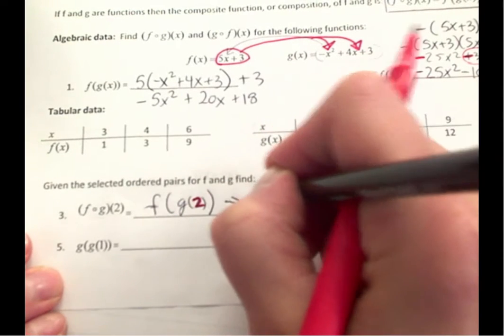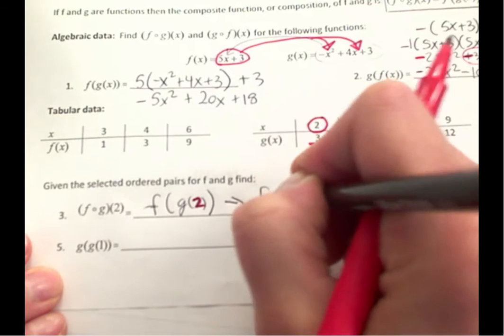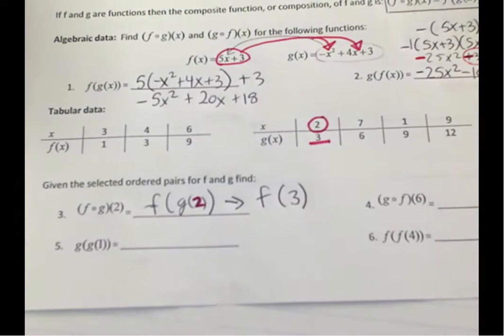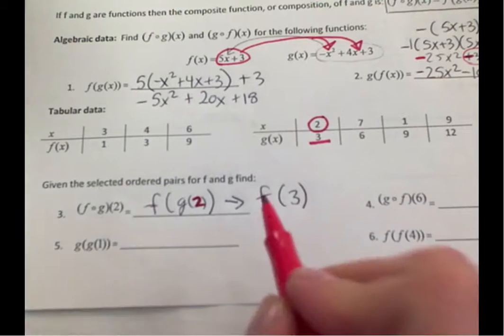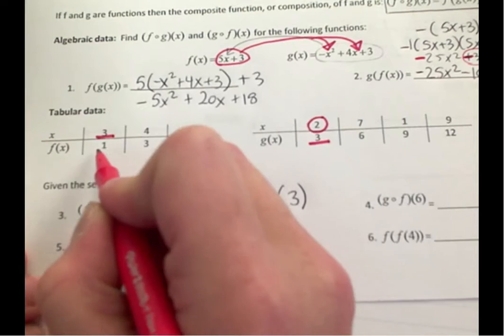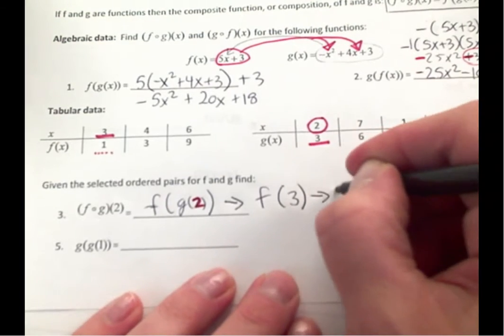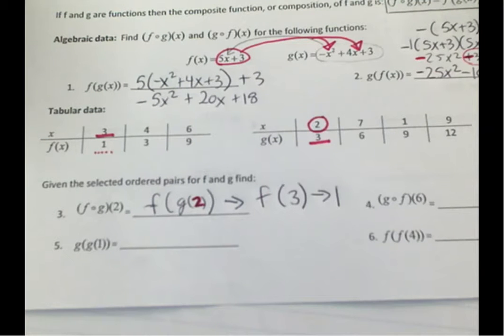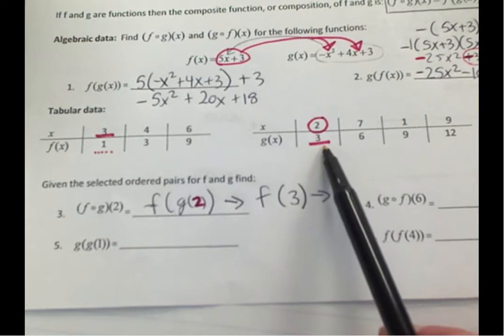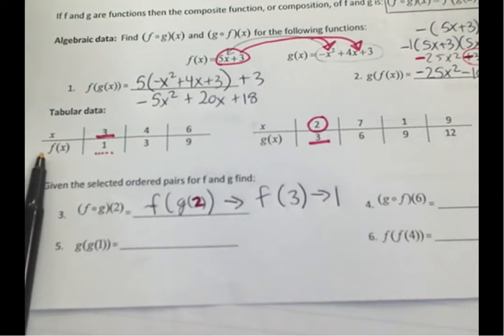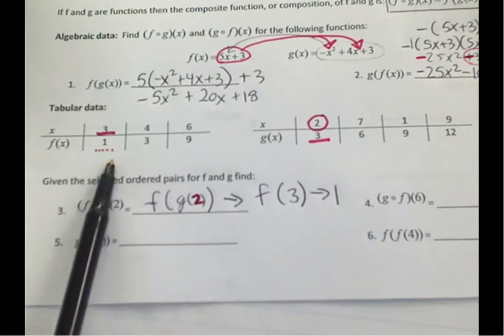So this is going to go to 3 goes to 1. It's a composition. It's a chain of events. I start at 2, I go to 3, and then I switch over to the F function, and 3 goes to 1.